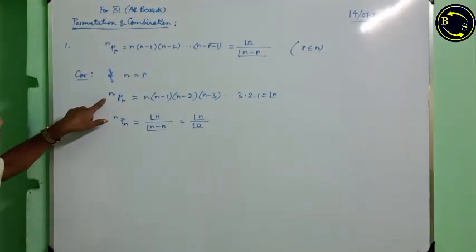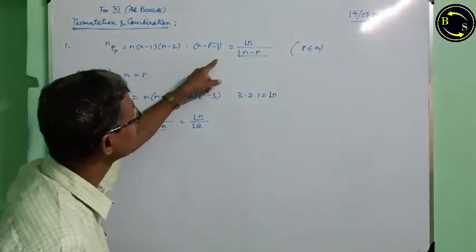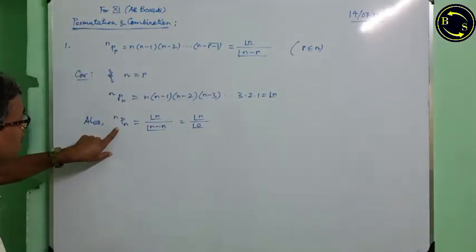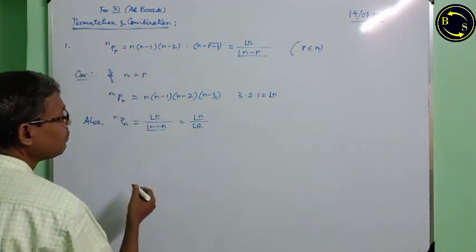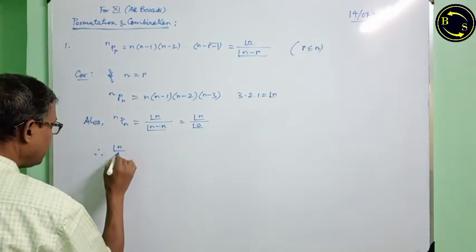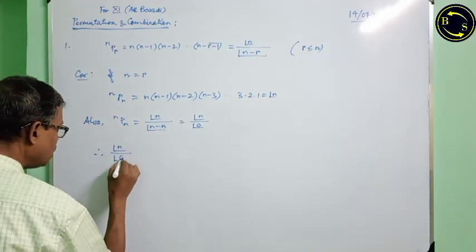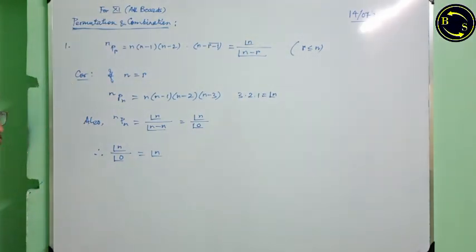Now nPn is equal to factorial n as per this expression, and nPn is equal to factorial n by factorial 0 as per this. Therefore factorial n by factorial 0 is equal to factorial n.